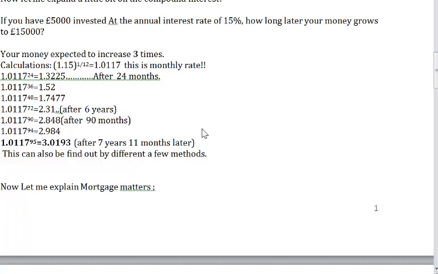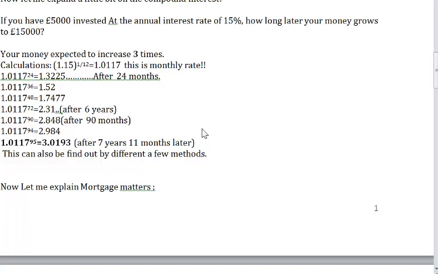Sometimes this is the case, sometimes on the investment side, gilts or government bonds, depending on the money growth rate, and you might think, how long until I can make my money 15,000.